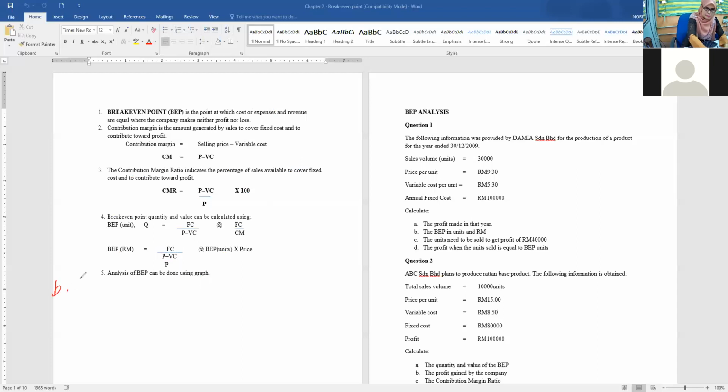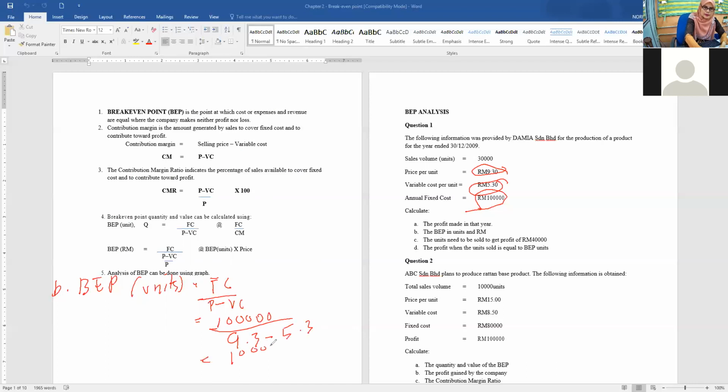Then for B, break-even point in units. The formula is fixed cost divided by price minus variable cost. Fixed cost is 100,000, divided by price 9.3 minus variable cost 5.3.